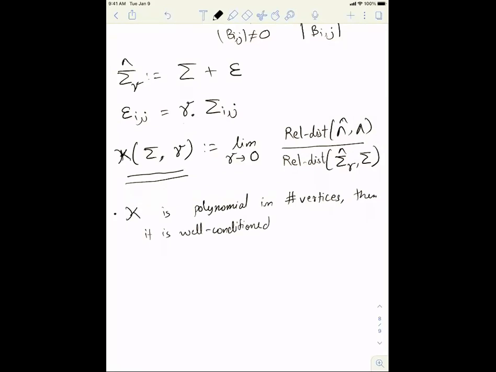So this is the good case for us. If it is, say, exponential, unbounded, etc., then it's bad.